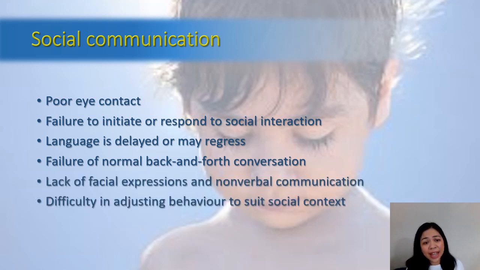There is a lack of variety in facial expressions and a lack of use of gestures or nonverbal communication. There's also a difficulty in adjusting behavior to suit social context. This is a manifestation of the social impairment that can be seen in older kids as the social demands increase.